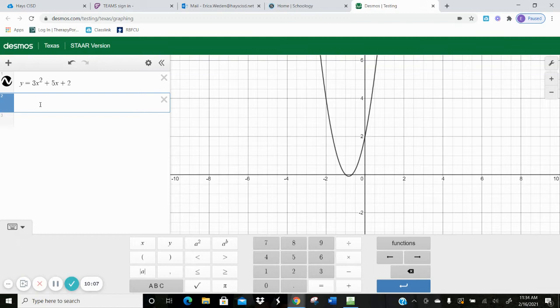So if we try the first one, so we have x plus 1, x plus 2. That one doesn't match, so we know that's not good. So we can try B. So we have x plus 1, and then 3x plus 2. That one overlaps, so that's how we know it's the answer.